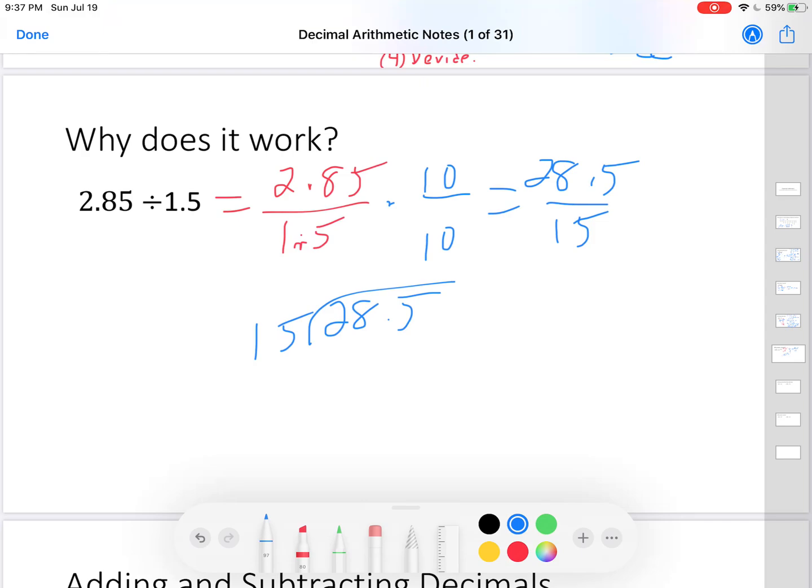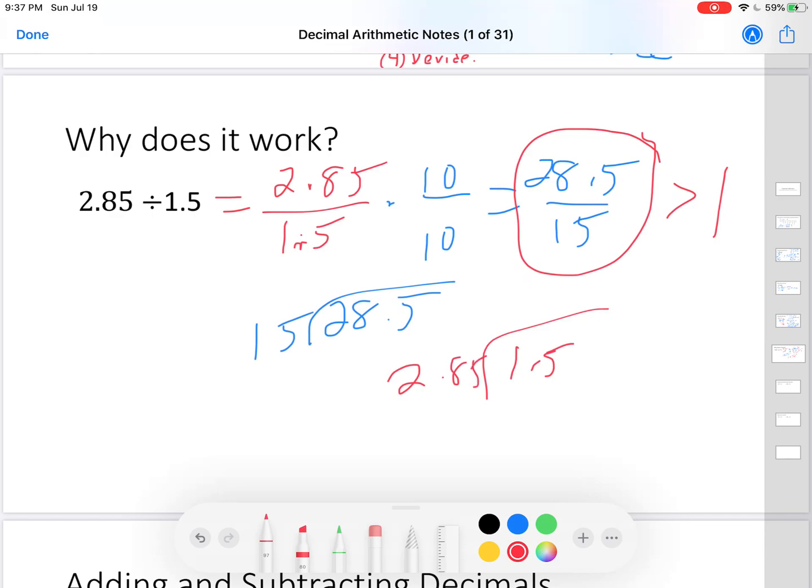Good. Now, why do you put the bigger one, the first one, inside and the second one outside? Well, think about it this way. Look at this almost fraction. It's not a fraction because it has a decimal in it. Which is bigger, 28 or 15? 28 is bigger. So this is an improper fraction. This is greater than 1. If I were to put it the other way around, 1.5 divided by 2.85, move this over 2 places, move this over 2 places, does 285 go into 150?